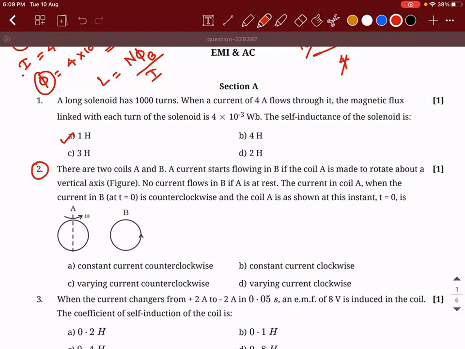So there are two coils A and B. Current starts flowing in coil B if coil A is made to rotate about a vertical axis. No current flows in B if A is also at rest. So till here, what are they trying to say? What law did they give us in a different language?